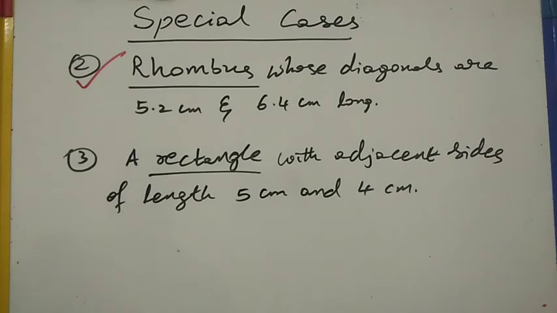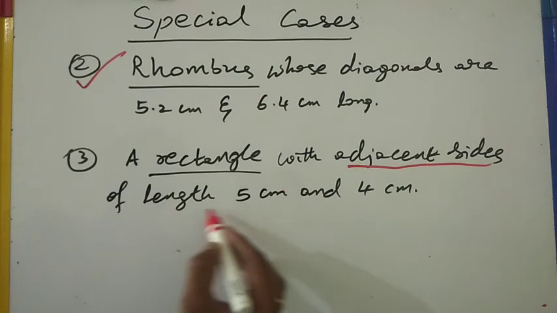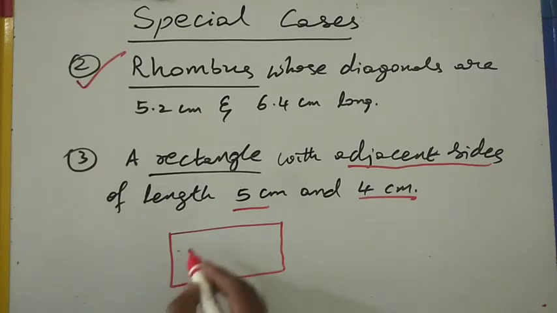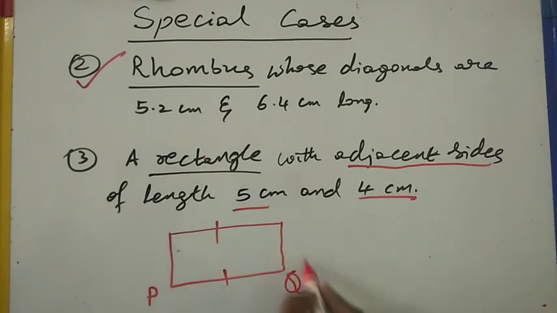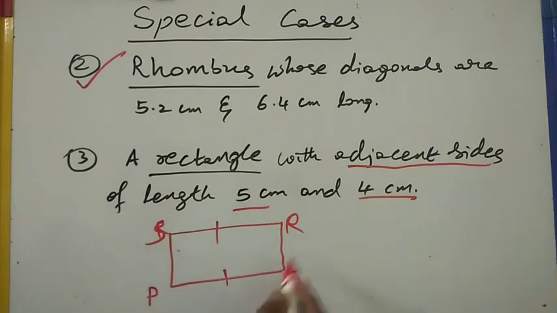Third special case is constructing a rectangle with the given adjacent sides as 5 centimeter and 4 centimeter. Children, in a rectangle we have some specialities. What are the specialities? Opposite sides are equal in a rectangle. That means, if I say rectangle PQRS, PQ equals RS, PS equals RQ.